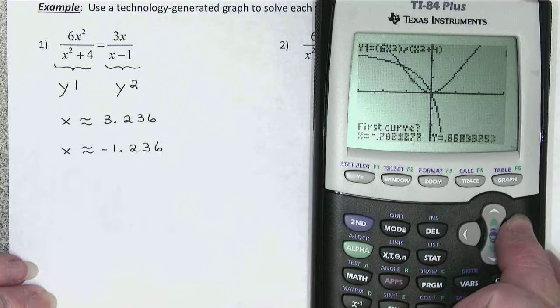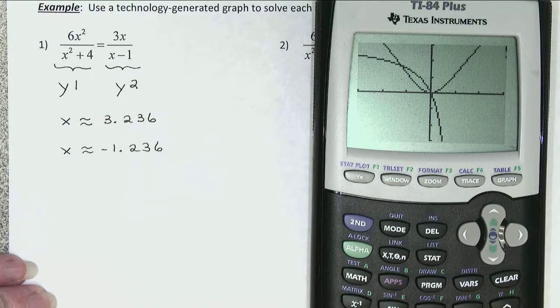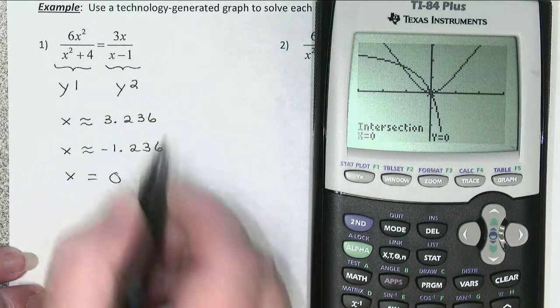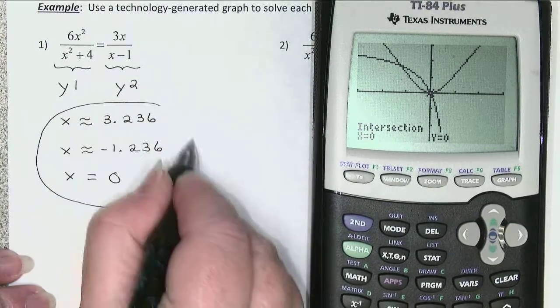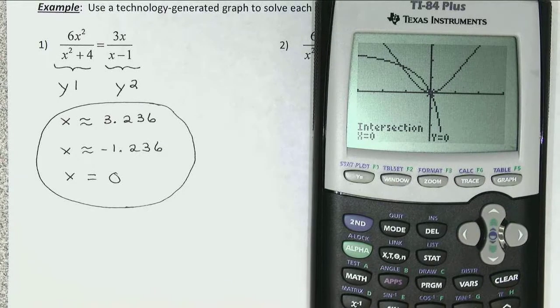Coming over here. And indeed it is. X equals exactly 0. So there are my three solutions to that rational equation.